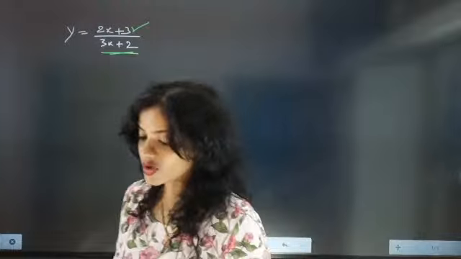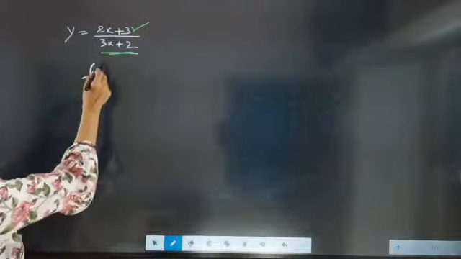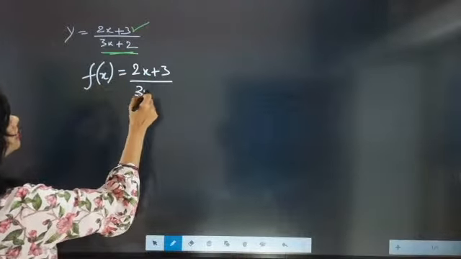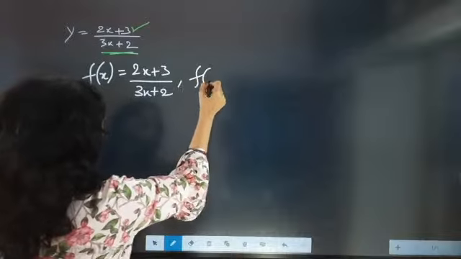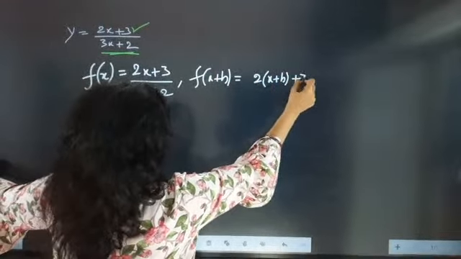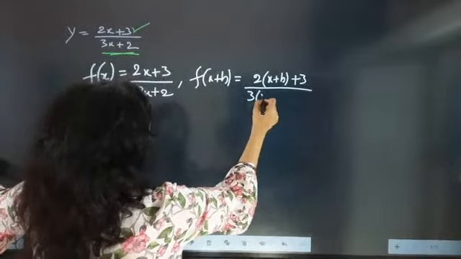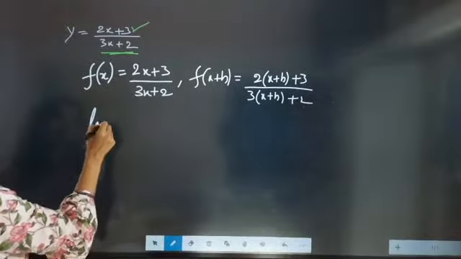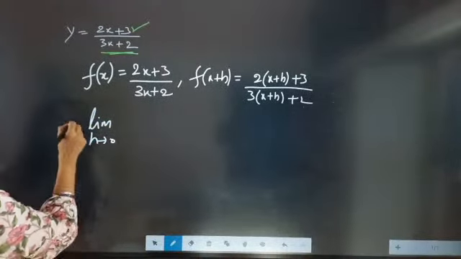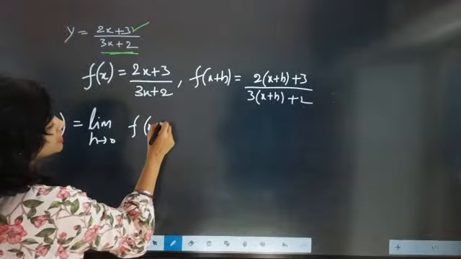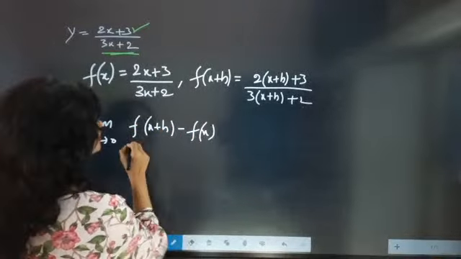So first principle question, okay. Now f of x is given to you as 2x plus 3 by 3x plus 2. Now f of x plus h will become 2 times x plus h plus 3 by 3 times x plus h plus 2. Okay, now limit h tends to 0, no change, f dash x equals f of x plus h minus f of x by h.